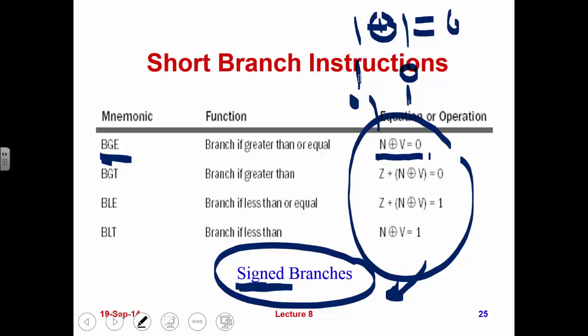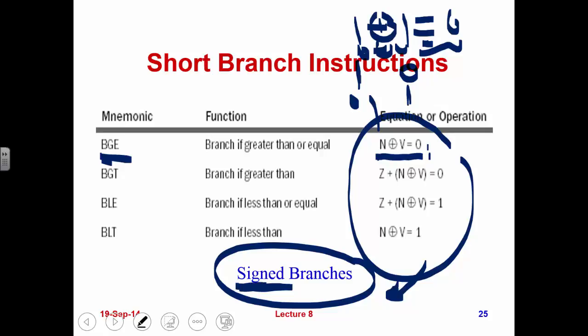It branches only if greater than or equal. Or if N is 0 and V is 1, it is not going to branch. So only when both N and V are 1, or both N and V are 0, that makes this 0. That's going to branch. So this is branch if greater than or equal.